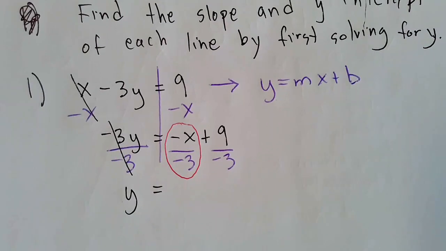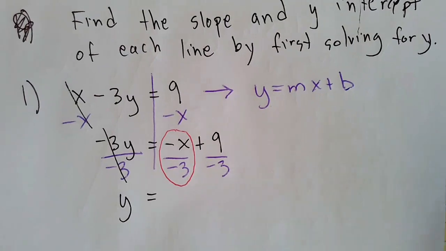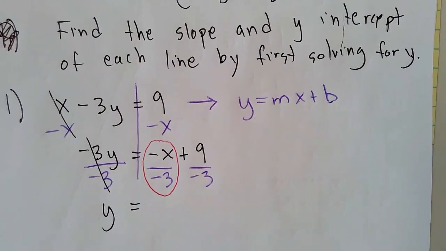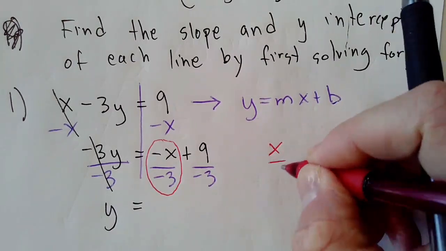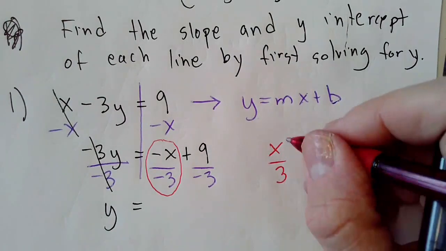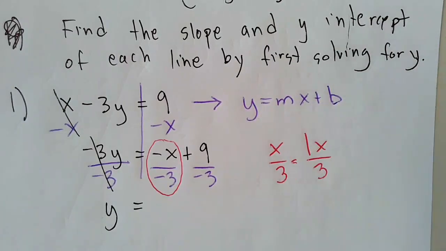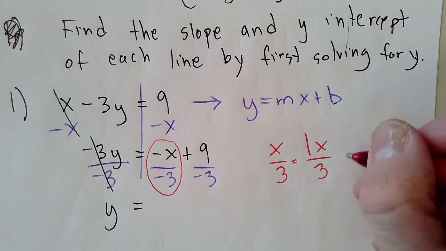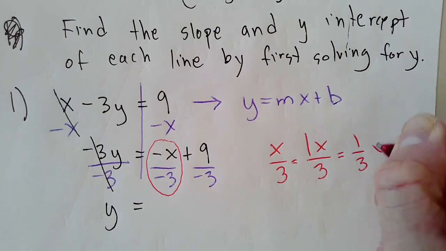This is something that you're going to need to know how to interpret. Negative over a negative, we all know is positive. So then what we're going to do is we're going to think of it more like this, x over 3, right? It's positive. So x over 3 is the same as a 1x over 3 is the same as, now watch this evolution, is the same as a 1/3 x.